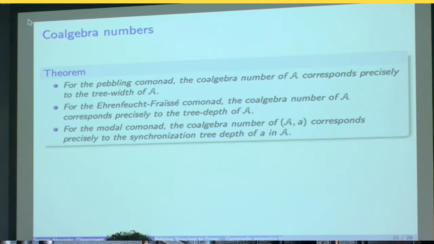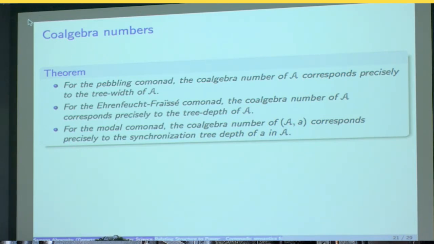So here's the result. How many people have heard of tree width? Yeah, so tree width, for those who haven't heard of it, is a very pervasive parameter. It became very well established in graph theory through the Robertson-Seymour work, and is now a major parameter used in parameterized complexity, combinatorics, algorithmics, and a lot of connections between logic and algorithmics.